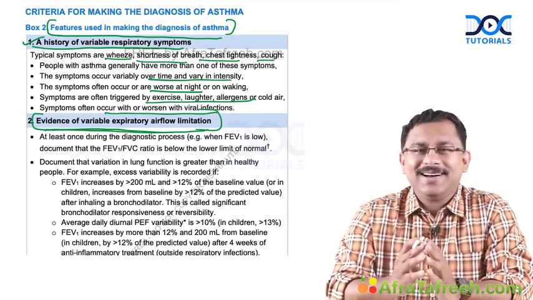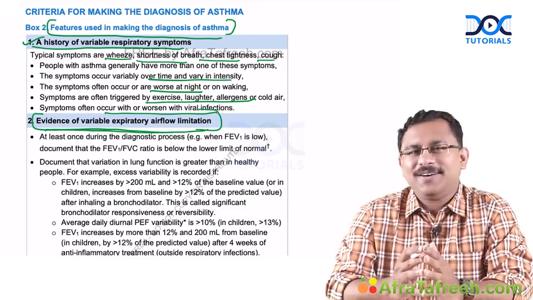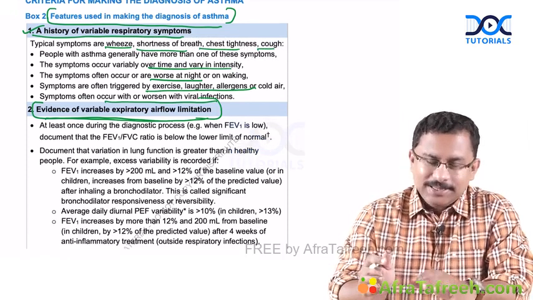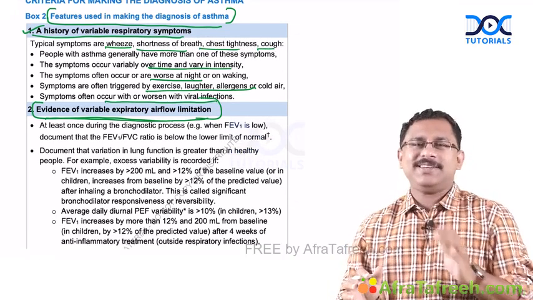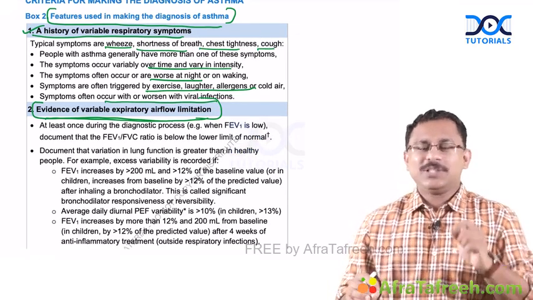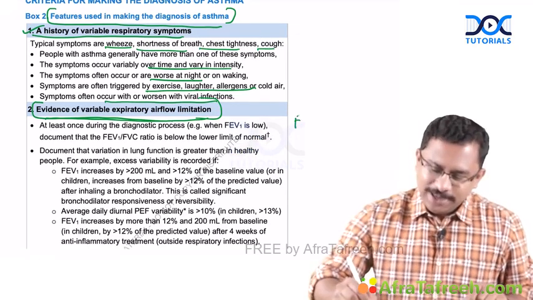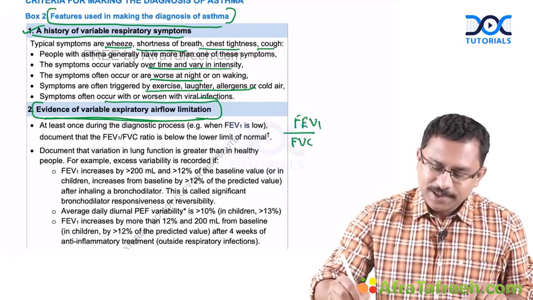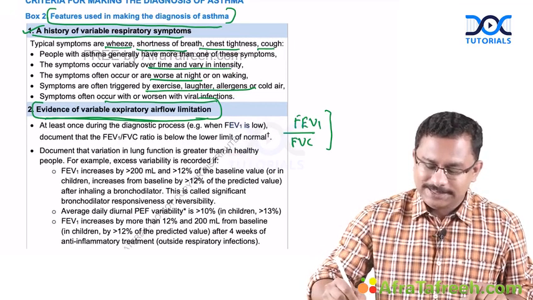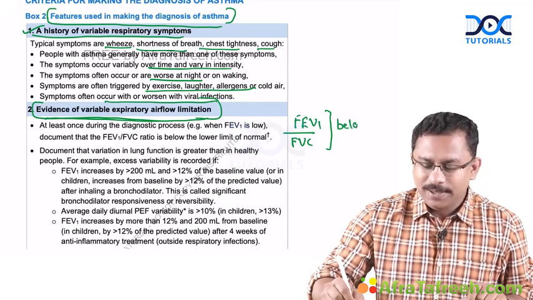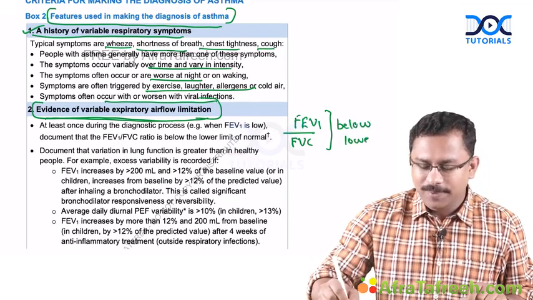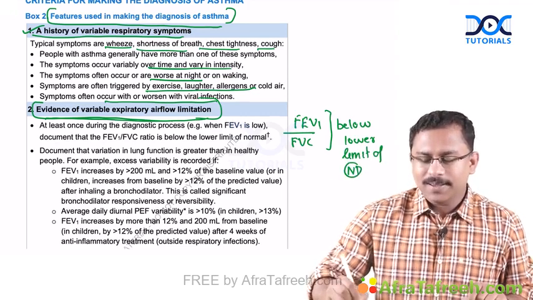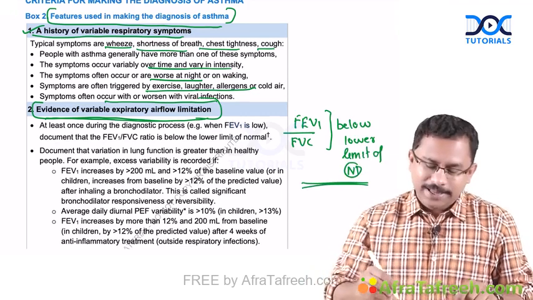Now coming to the objective part of demonstrating a variable airflow limitation. First of all, it is an obstructive airway disease, which means what will happen to the FEV1 to FVC ratio? The ratio would be less. It will be below the lower limit of normal. That is one of the criteria that should be there.